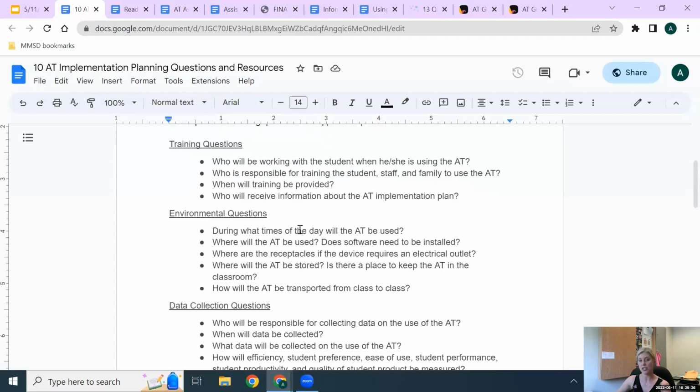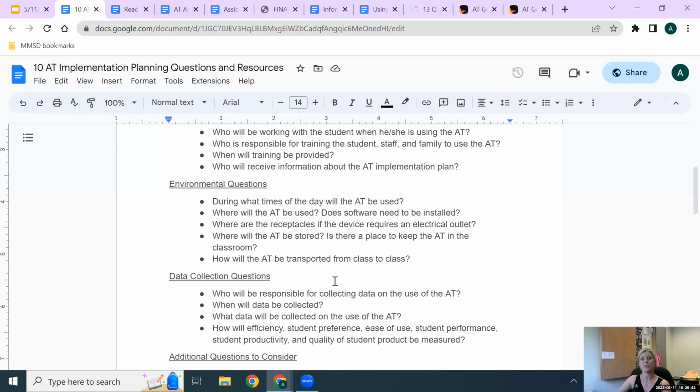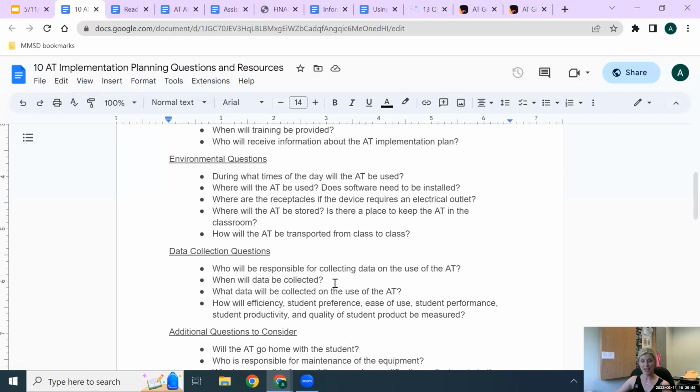So what are questions to think about with the training? Who's going to be training? Where will the training be provided? What are things that are happening with the environment? If there are certain times of day that the AT is going to be used, where is it going to be stored? Is it going to be locked up in the evenings? Are they keeping it in the classroom? How does it get transported from class to class? Is the student able to do it themselves, or do they need support?